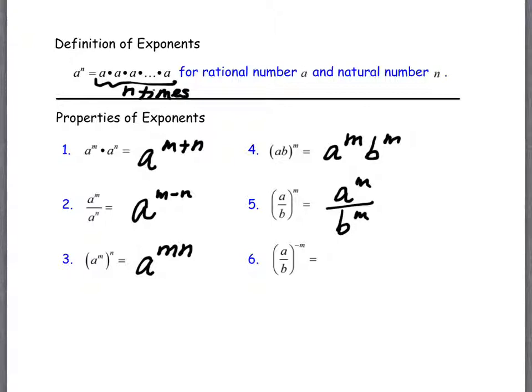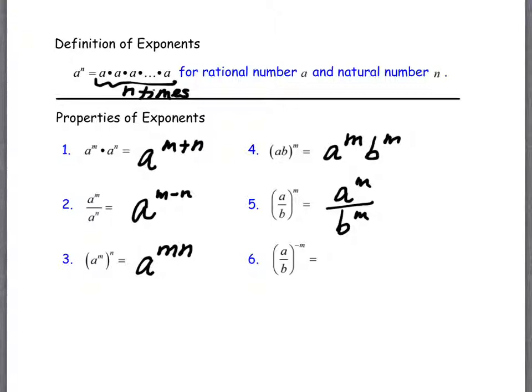What's different between 5 and 6? It's a negative. What's that negative do? Anybody remember? It does a reciprocal. When you have a negative exponent, it makes the reciprocal.